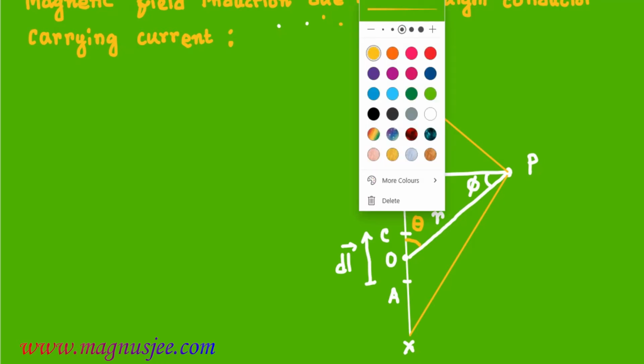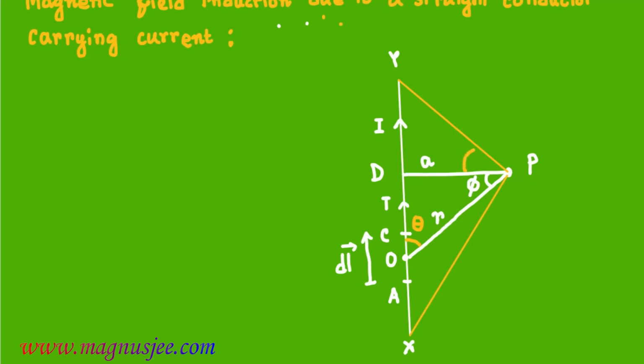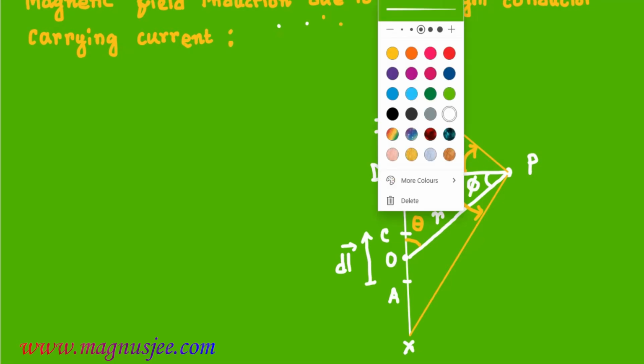This angle is phi 2, and it is measured in the clockwise direction, which is taken as positive. The oblique distance of the end X of the conductor from the point P makes an angle phi 1 with the perpendicular distance a, and phi 1 is measured in the anti-clockwise direction, while phi 2 is measured in the clockwise direction.